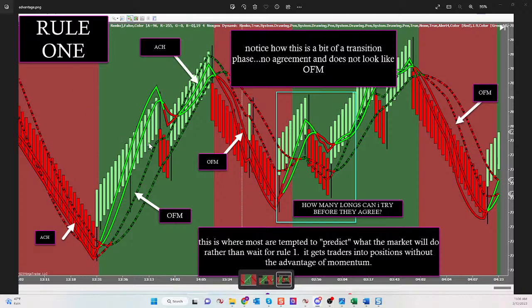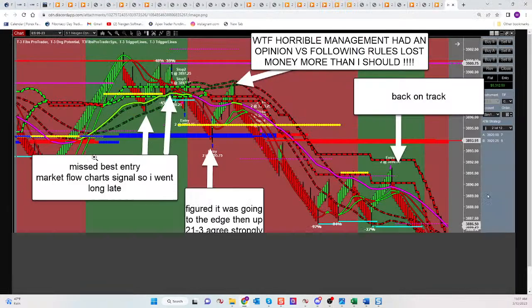Guys, this is rule number 1. Odds favorable, that advantage of momentum, right? When I don't have it, this is like a transition phase. This is where new users try to predict. That's where challenges tend to happen. John Novak posted in the room, I love this.